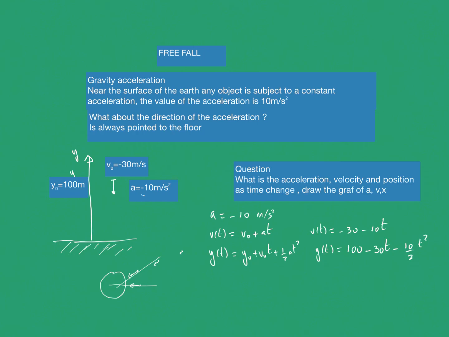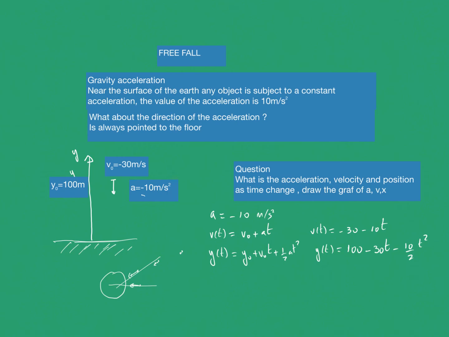So what is y of t? We will use the same equation, with y in place of x. So y of t will be y0 plus v0t plus 1/2 a t squared. Let's say that I launched the object from a height, y0 equal plus 100 meters, up in the positive direction.